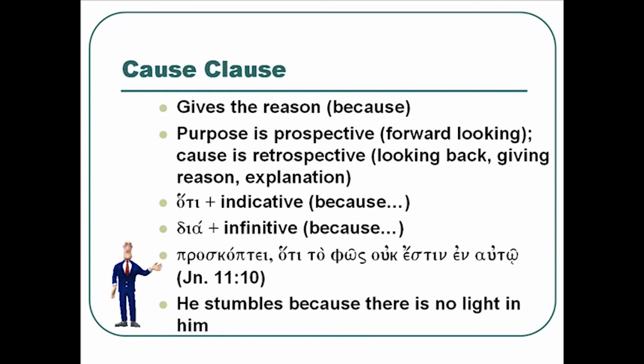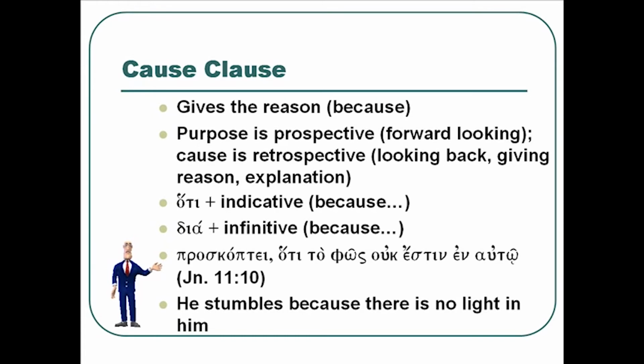An example of this is proskopti hoti to phos ouk estin en auto. He stumbles hoti to phos, because there is no light in him. So what is the reason? Why did he stumble? Looking back, he has already stumbled, but why did he stumble? Because there was no light in him.